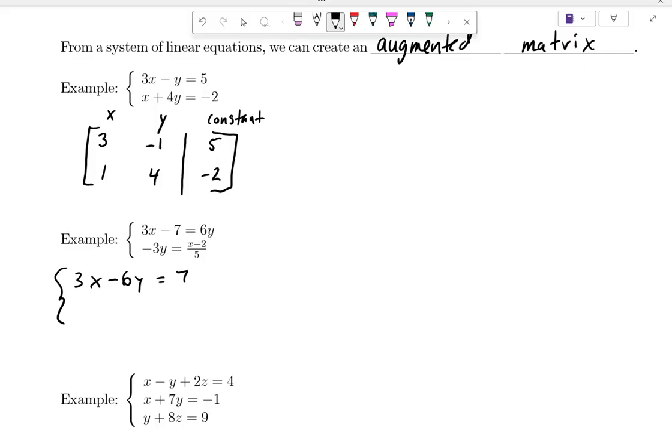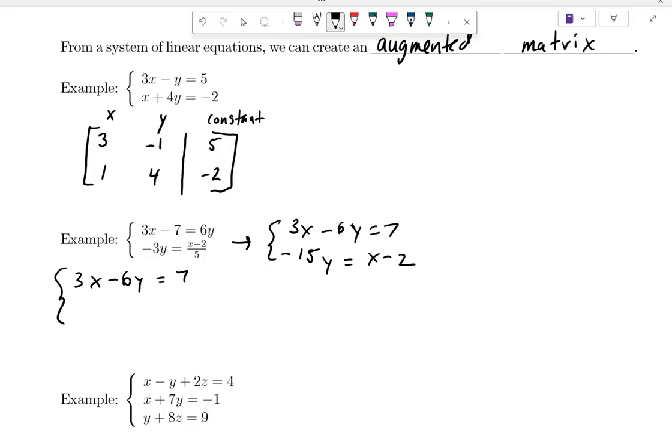So the first thing I need to do, well, you could multiply both sides by 5, I suppose. Doesn't really matter. But actually, I'm going to do that. I'll do this over to the side here. If I multiply both sides by 5, I would have -15y equals x minus 2.